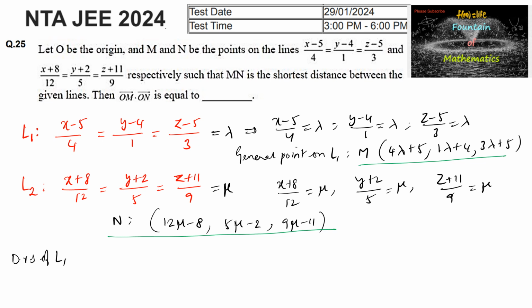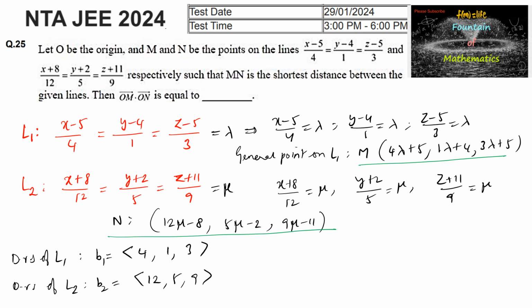Direction ratios of line L1, say b1, are 4, 1, 3, and direction ratios of the second line L2, say b2, are 12, 5 and 9.